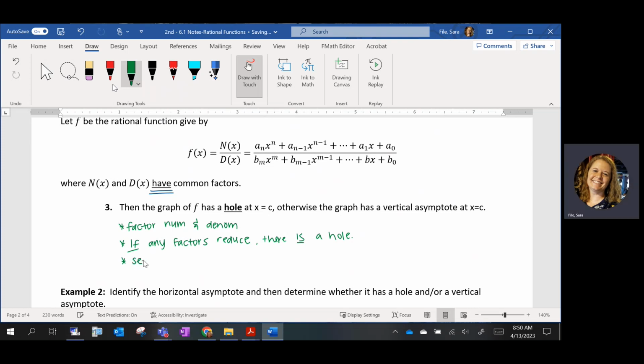What you'll do is you'll set the reducing factor, that's the factor that they had in common, equal to 0 and solve.